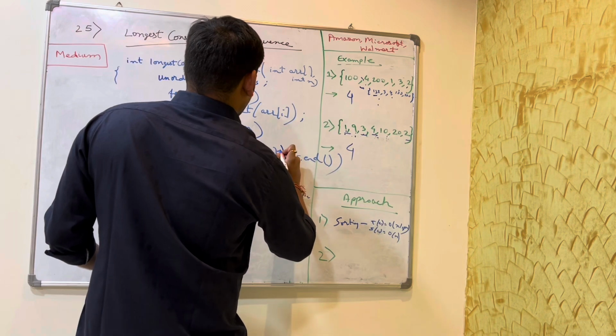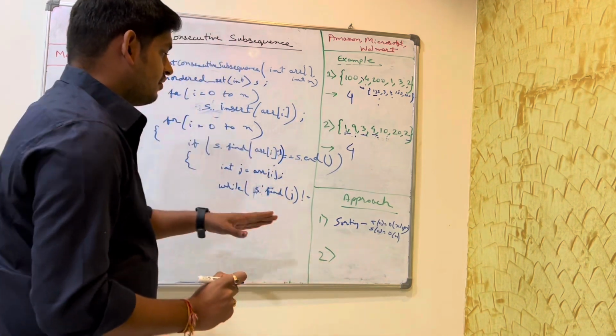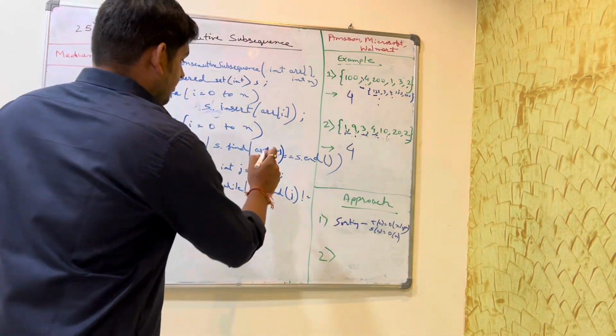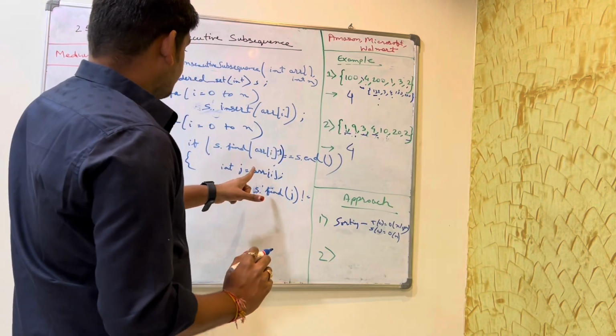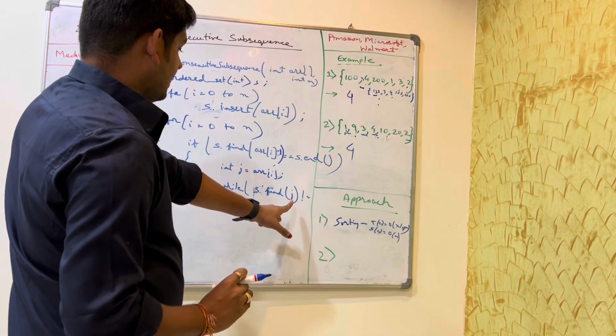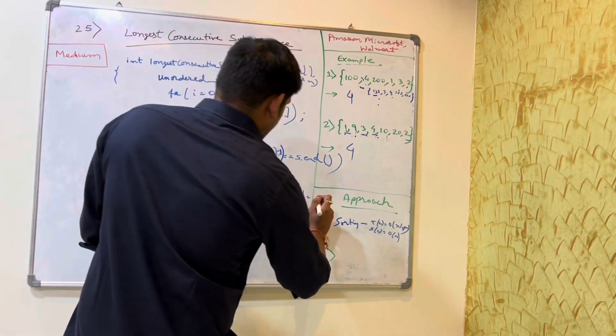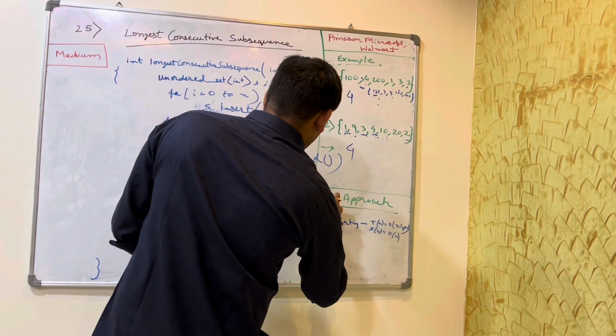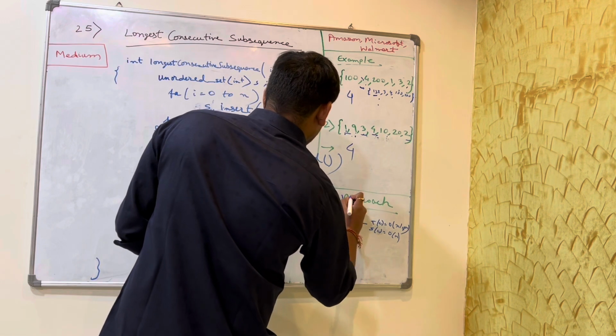Not array of i, because that will obviously be present in the set, right? So we need to check the previous element, array of i minus 1. If it is not there, then we have this j, and if s.find of j is not equal to s.end, this will be present, right?